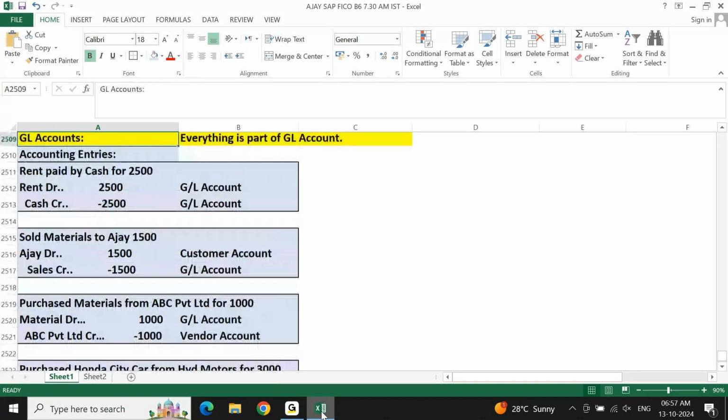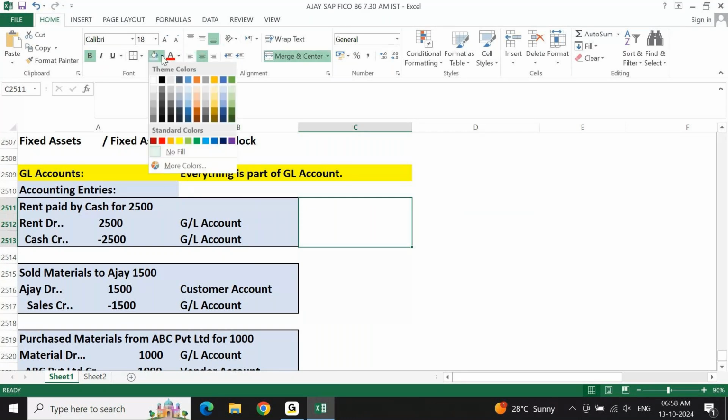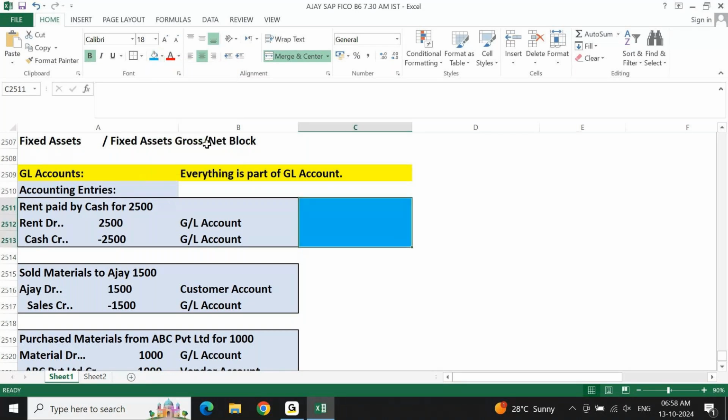Now, in the first entry, if you look at it, this is your accounting entry. Can I call this a GL to GL entry?